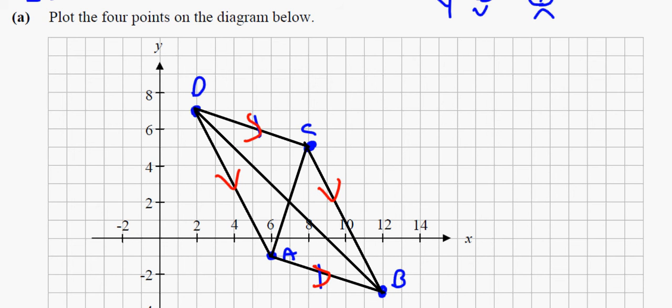If I get this point here, call it M, M is the midpoint of AC, and it's also the midpoint of DB. So when the diagonals intersect, you create a point that cuts DB and AC in half. This means it's a parallelogram. Okay, so that's all you need to know about that.